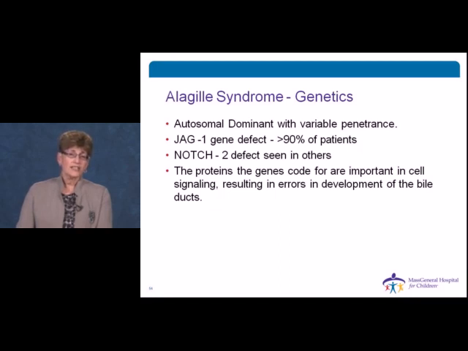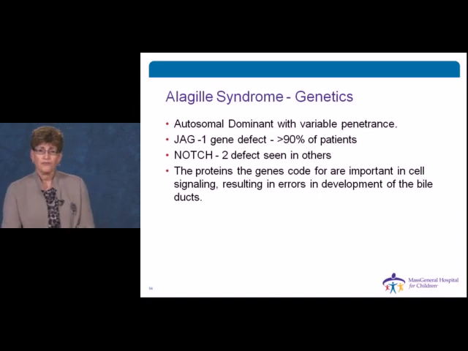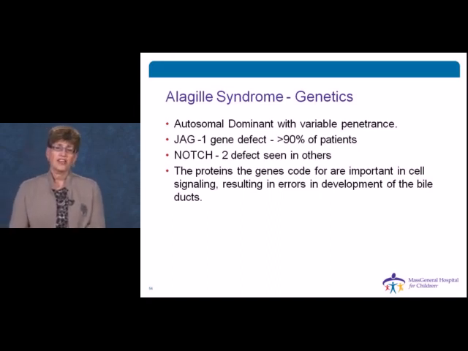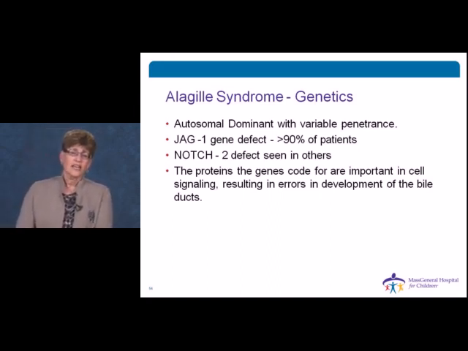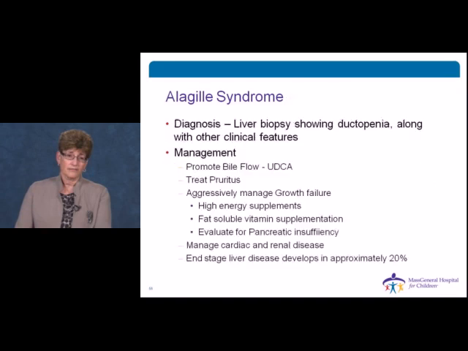A JAG1 gene defect is now seen in greater than 90% of patients, and some other patients have been noted to have a Notch2 defect. Basically, the proteins that these genes code for are important in cell signaling and result in errors of development of the bile ducts.